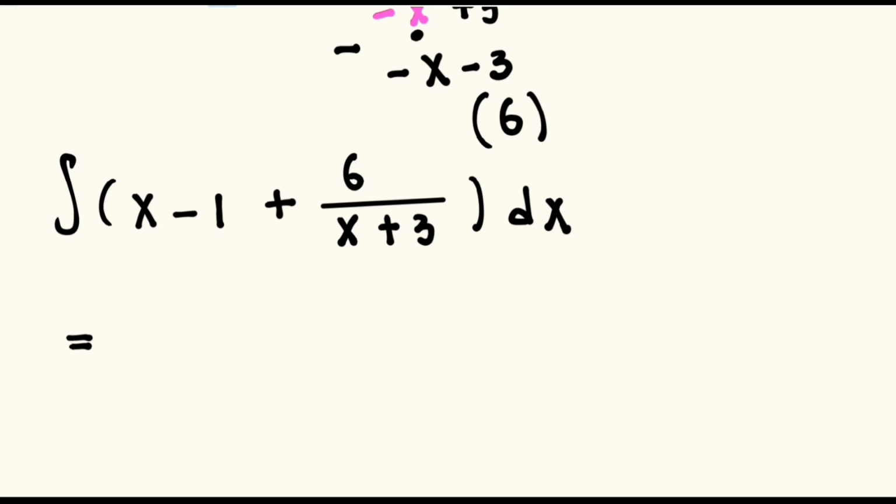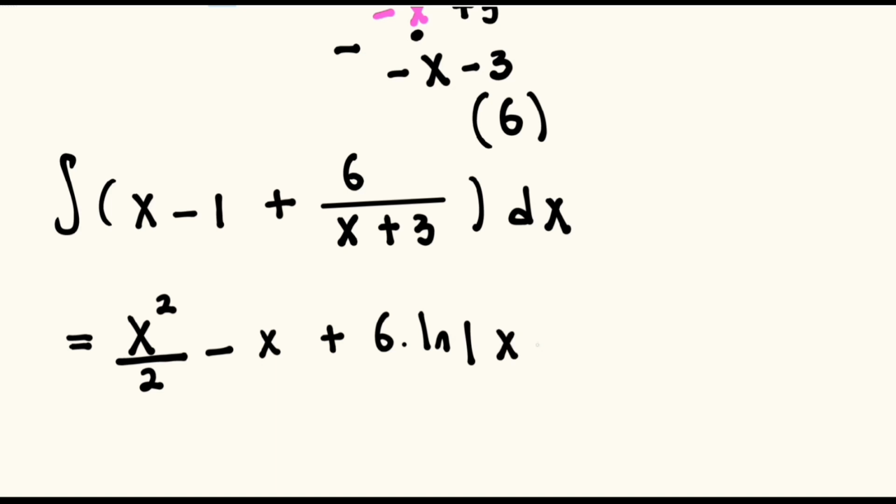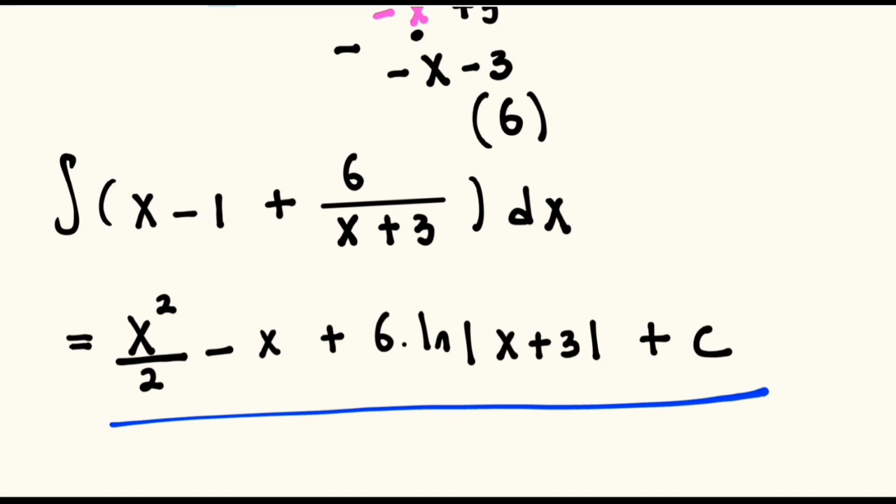This will be equal to the integral of x with respect to x, which will be equal to x raised to the power 1 plus 1, which is equal to 2, divided by 1 plus 1, which is equal to 2, minus the integral of 1, which is equal to x, plus the integral of 6 divided by x plus 3, which will be equal to 6 multiplied by the ln of x plus 3, plus our constant c, and this will be our answer for our first question.